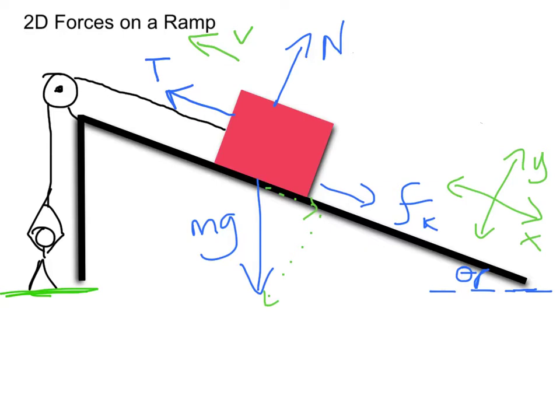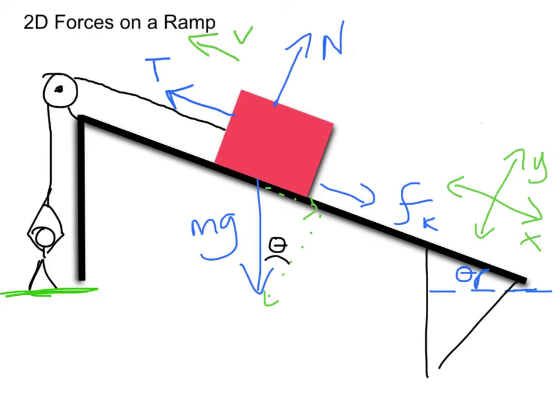The only thing you have to do here is figure out what the components of the weight are. You'll notice this angle here is the same as the angle of the entire ramp. There are similar triangles here, interestingly enough.